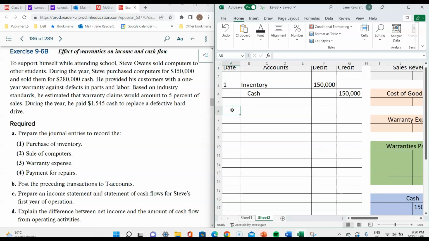And then number 2, he is going to sell those babies. So sold them for $280,000 cash. Woo, I love cash. So cash is an asset. It goes up on the debit side, and then we're going to have sales revenue of $280,000.